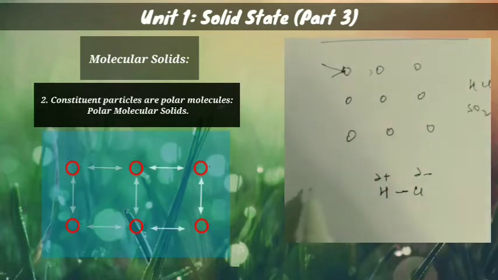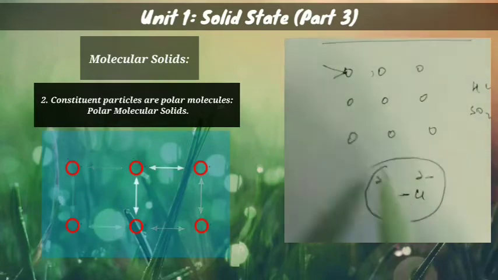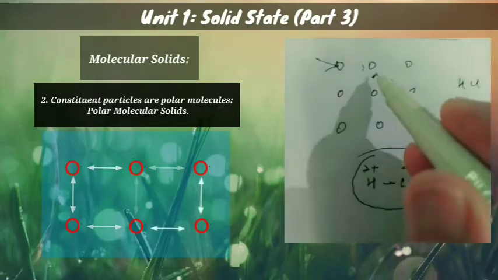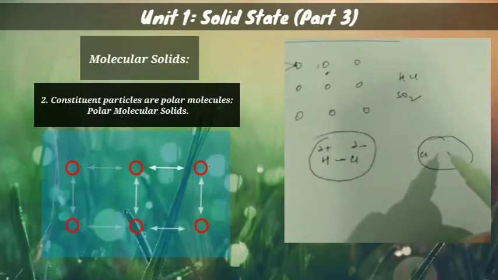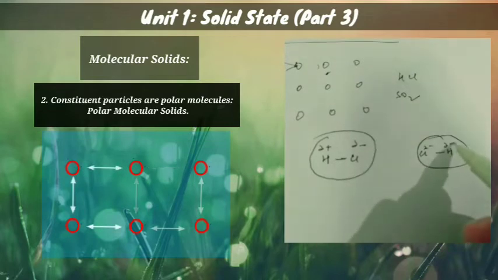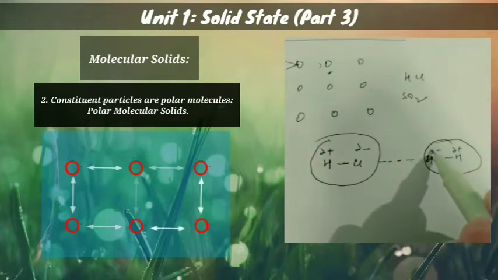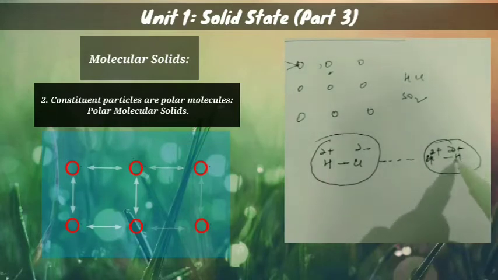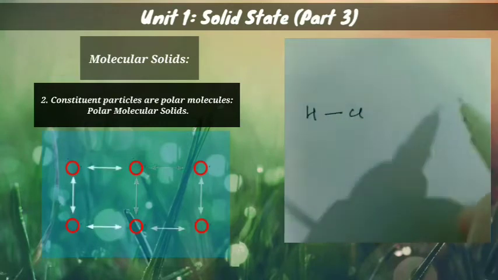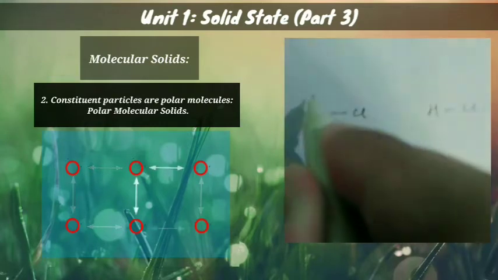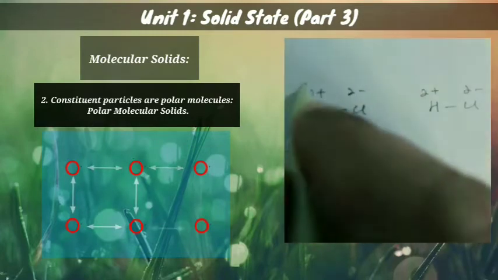So similarly, let's suppose this is one molecule of HCl, with delta positive H and delta negative Cl. So this is one molecule.